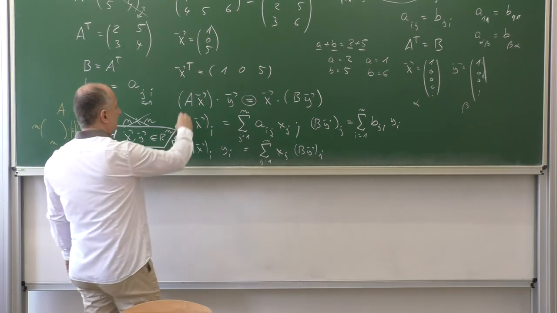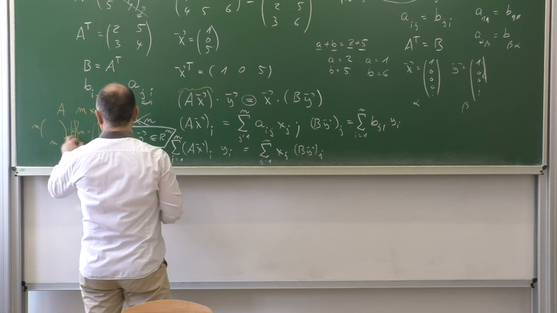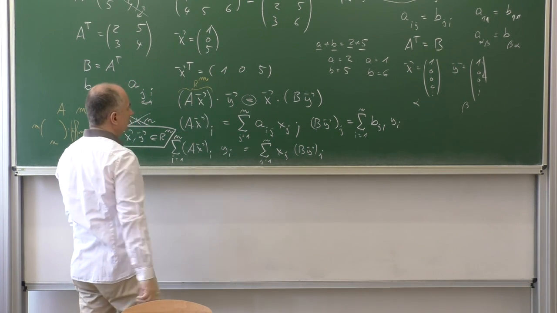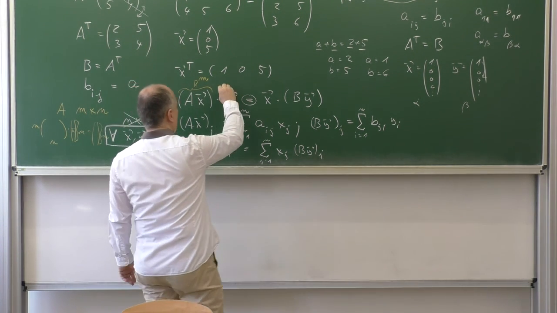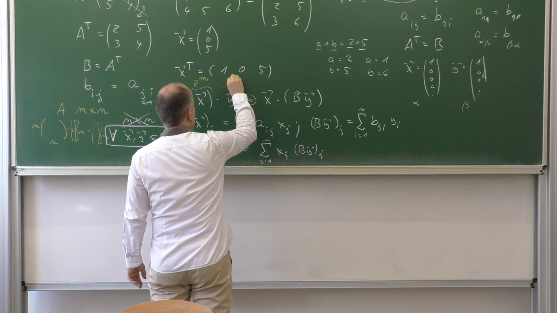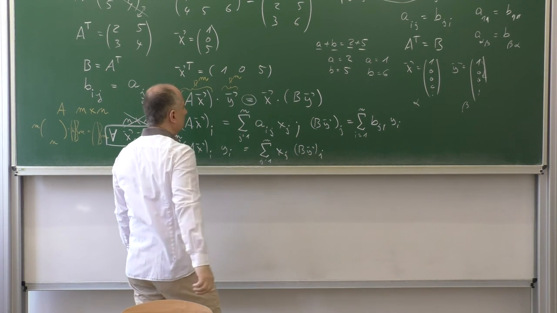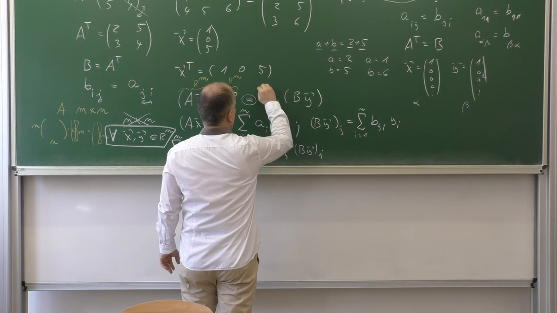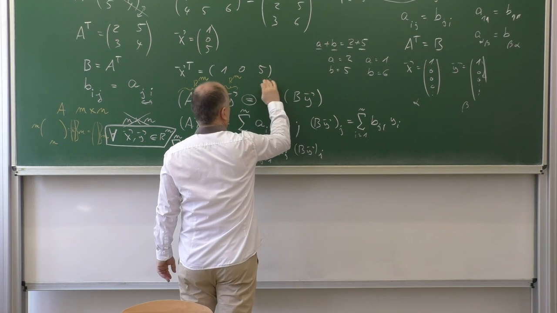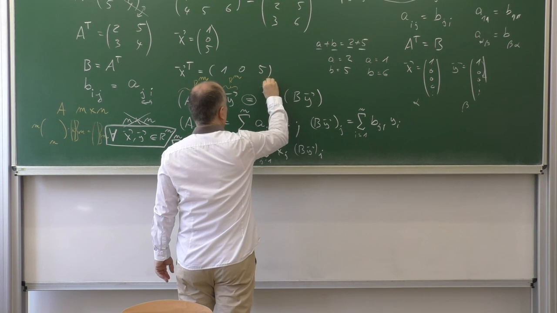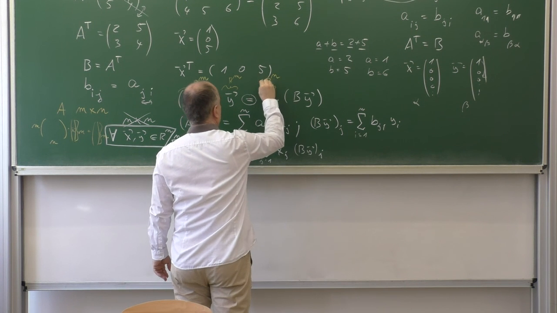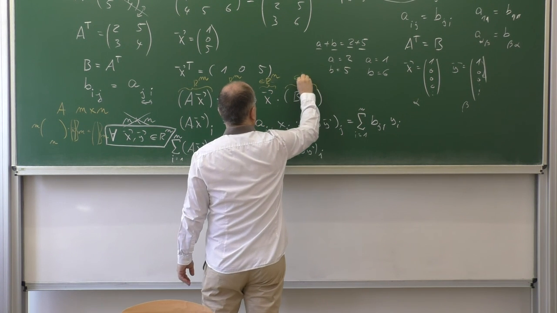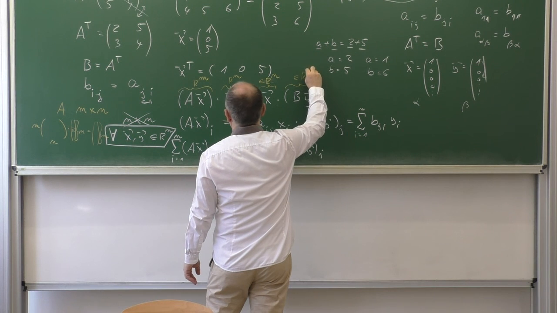And if the result has m components, then also y must have m components. And when x has n components, so it is from Rn, and this must be also from Rn.